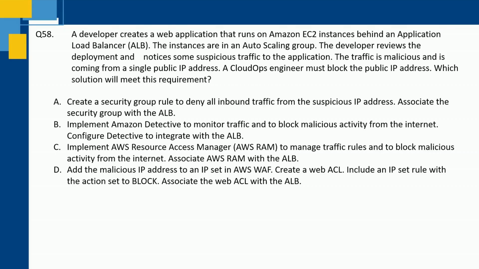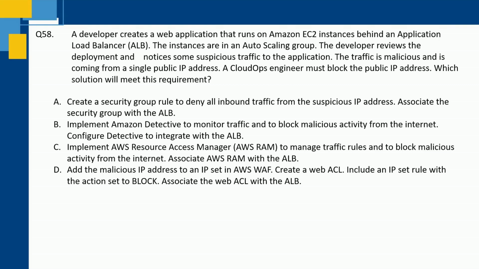Your options are: create a security group rule to deny all inbound traffic from the suspicious IP address, and associate the security group with the ALB. Implement Amazon Detective to monitor traffic and to block malicious activity from the internet, and configure Detective to integrate with the ALB.